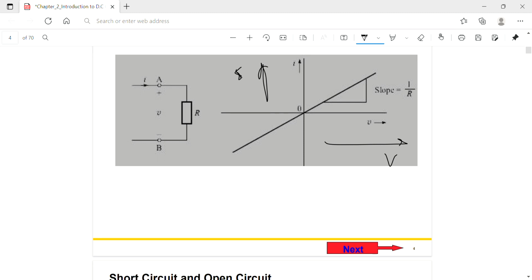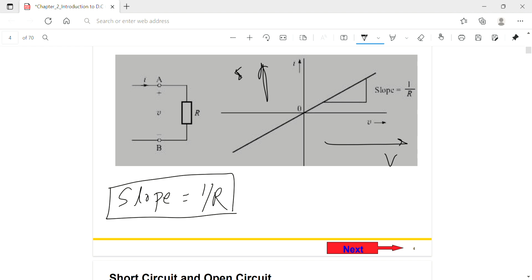So, easily said, the slope equals 1 by R. It means the slope of the VI graph gives us the conductance, and its reciprocal gives us the resistance. We can also say that tan theta of the slope, if we consider this angle as theta, is equal to 1 by R.